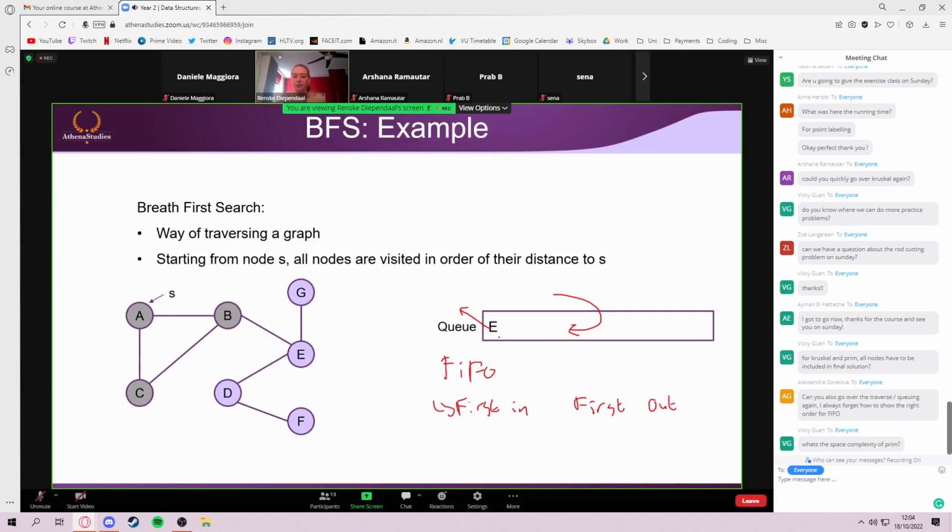Now we're going to look at E. We remove it from the queue, it's going to be out of there, and we put in G and D. G was put in first and then D. So now we're also going to look at G first. G doesn't really have anything, so we remove G from the queue. We just need to look at D still. So D is going out and F is going in.